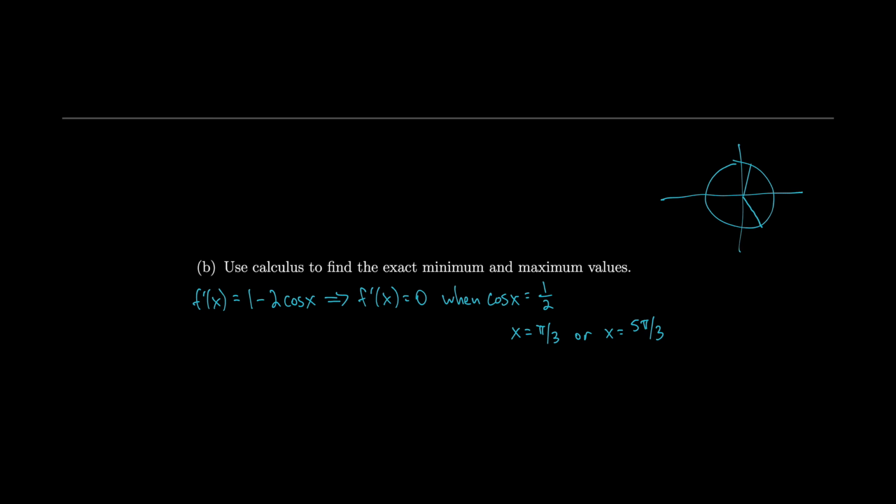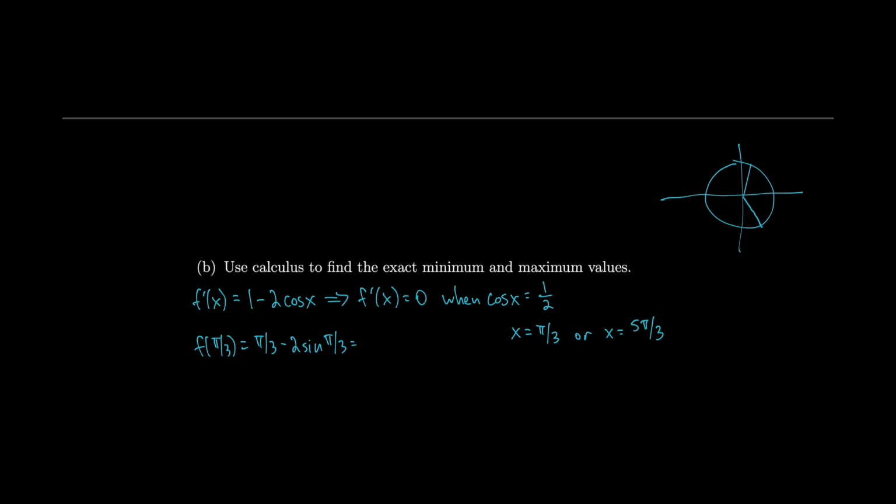So now let's evaluate the function at those critical numbers. Well, f of pi over 3 is pi over 3 minus 2 times the sine of pi over 3.